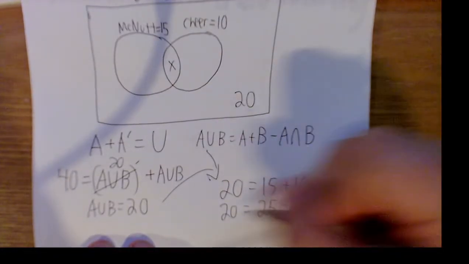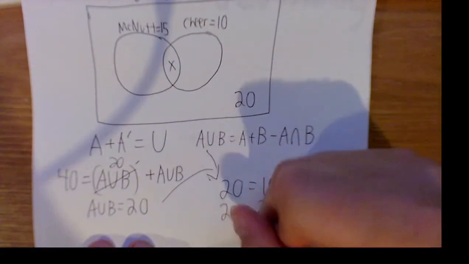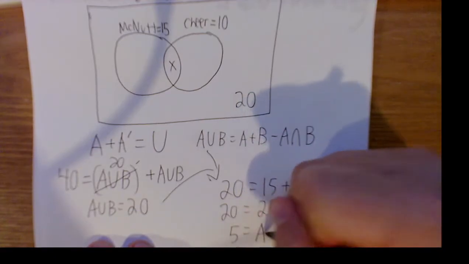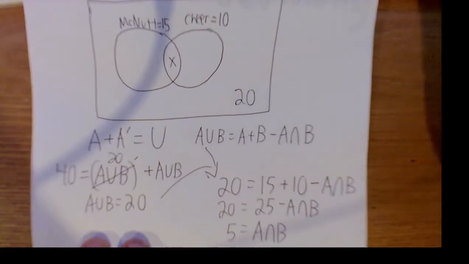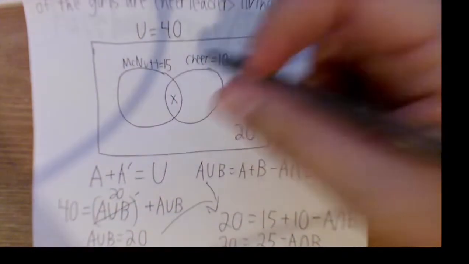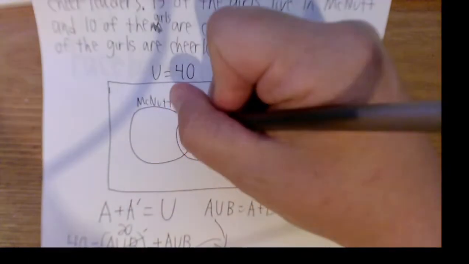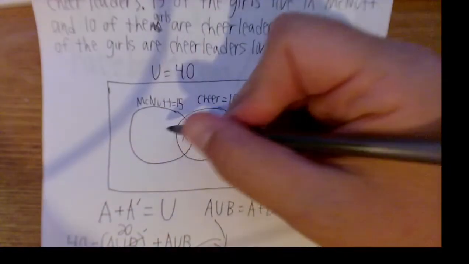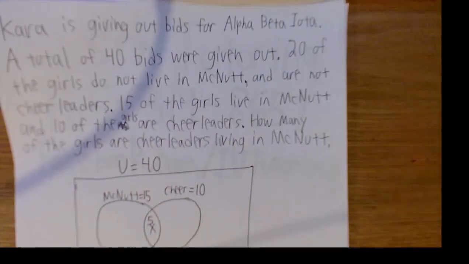And if we subtract from both sides and clean it up, we get 5 equals A intersect B. So, voila, we have 5 cheerleaders living in McNutt that are members of the Alpha Beta Iota pledge class.